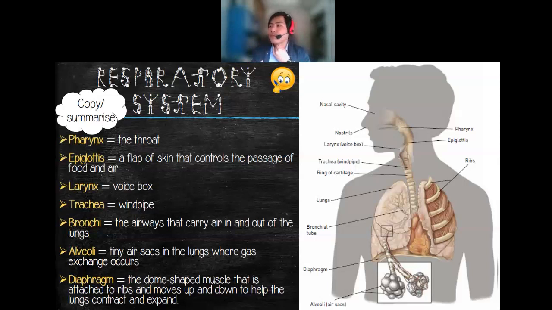If you touch your neck around this area, guys may know this as the Adam's apple, but girls, you have it as well, right? Whenever you speak, you feel the vibration there. And of course, if you are singing, then you would know this voice box.